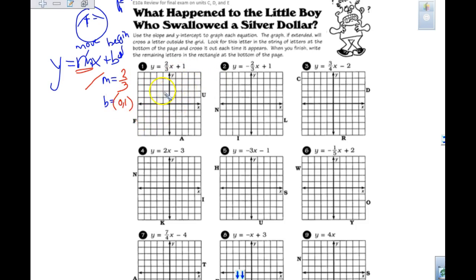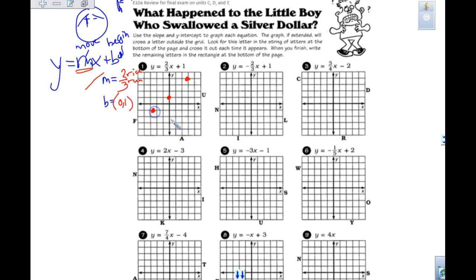So, first thing I want to do is go to my beginning of (0, 1). Next thing I'm going to do, just to remind you, is count up 2, this is always my rise, and then my run. So I'm going to count up 2 and go over 3. And I'm going to put a point. Now I cannot go up 2 and over 3 again, so from this point, please put this point, I'm going to go down 2, put this on yours, and go backwards 3.